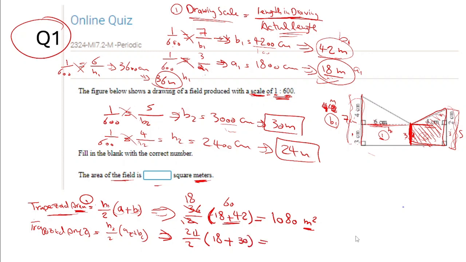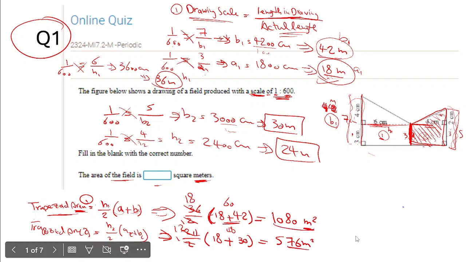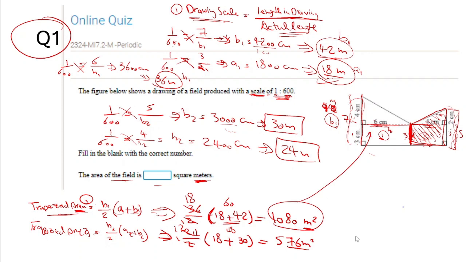Okay, so by 2 equal 1, by 2 equal 12. So 18 plus 30 is 48. Now 48 multiplied by 12, it will be equal to 576 meter square.